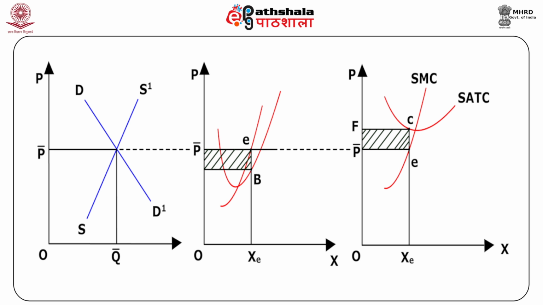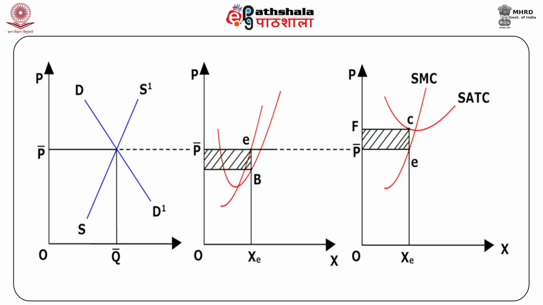On the other hand, in the third diagram, we have a set of short run marginal cost and short run average total cost curves, which are U-shaped. Now, if we look at the price P bar, because the cost curves are higher, under equilibrium, when marginal cost is equal to marginal revenue, at this point the average cost is higher at C. Therefore, CE refers to the per unit loss.